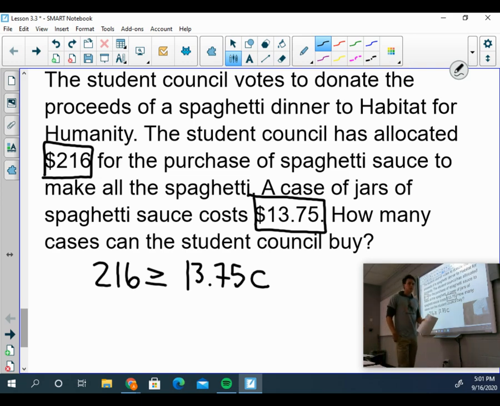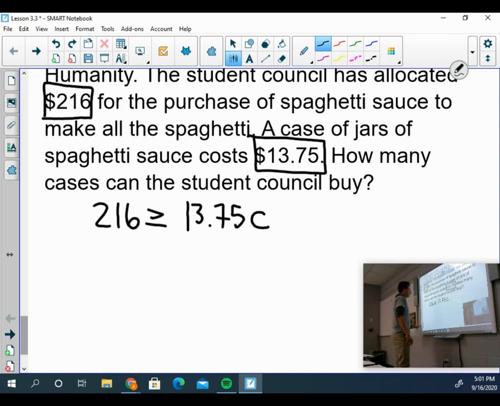Okay? So this is how you should set up the inequality. From there, we will go through and solve this. We obviously want to get the variable by itself, so we will divide by 13.75, since that's what's attached to the variable.